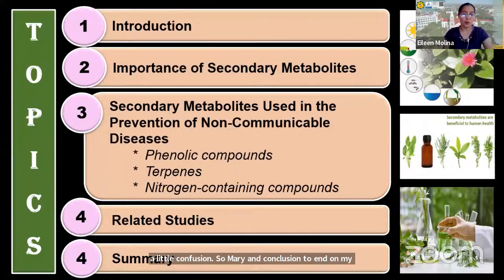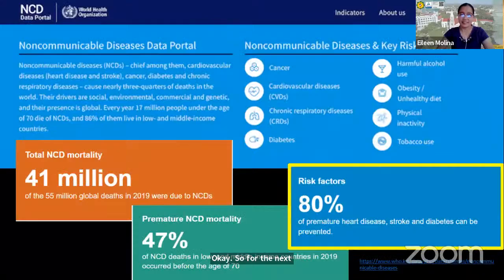For the next slide, let's look into the burden of the disease. Coming from the World Health Organization, it says here that non-communicable diseases, which account for cardiovascular diseases such as heart disease and stroke, cancer, diabetes, and chronic respiratory diseases, would cause nearly 3/4 of deaths in the world.